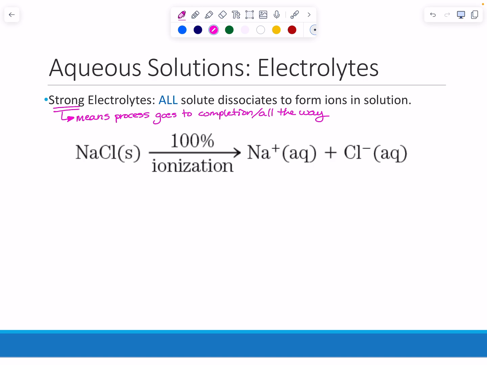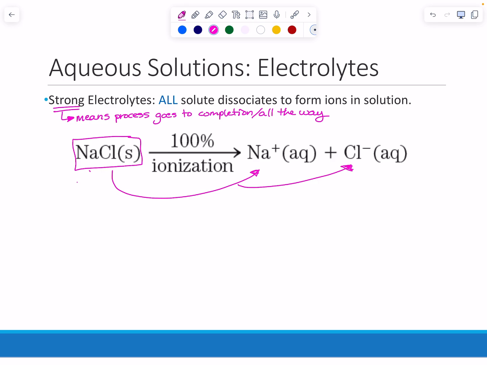So strong electrolytes are where, for every molecule that I put in solution, every salt molecule here is going to completely break up into the sodium and the chloride ions. So that's a strong electrolyte.